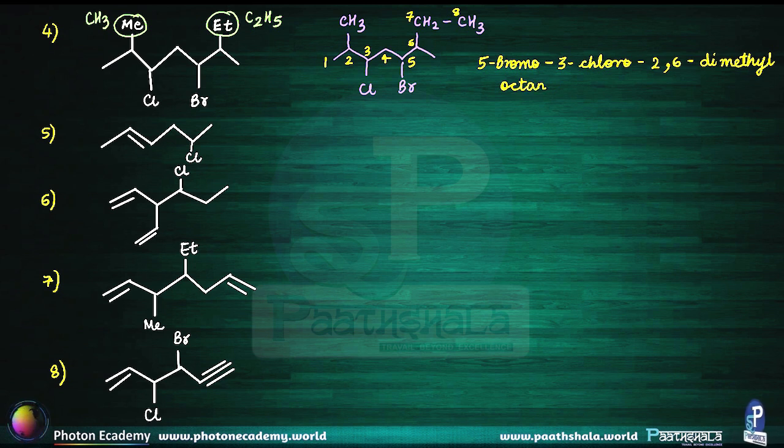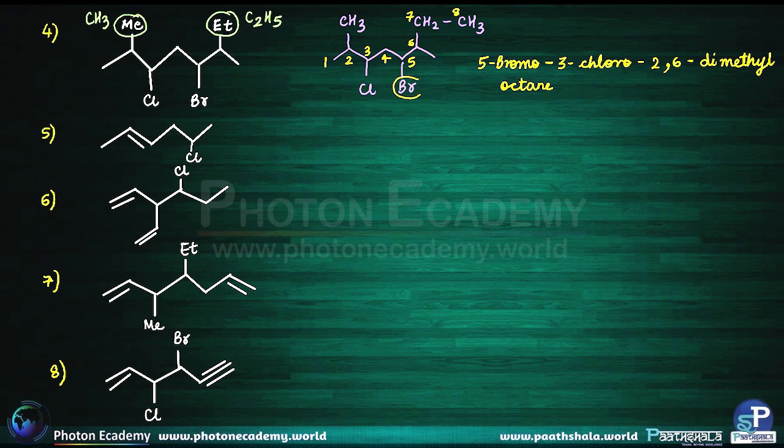So this is the IUPAC name. At 5 we had the bromine group. At 3 we have the chlorine group, that is Cl, chloro group. Then at 2 we have CH3, and at 6 also we have this CH3 group over here. So this is the name of the compound.